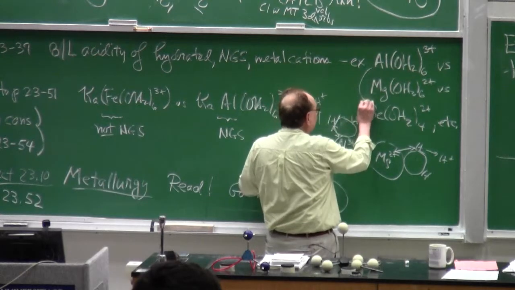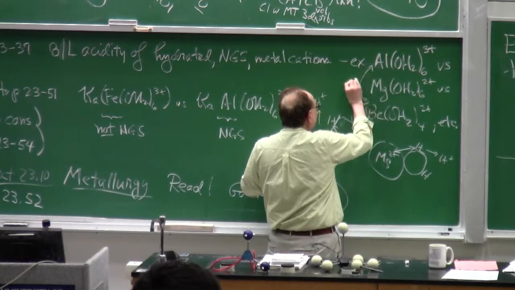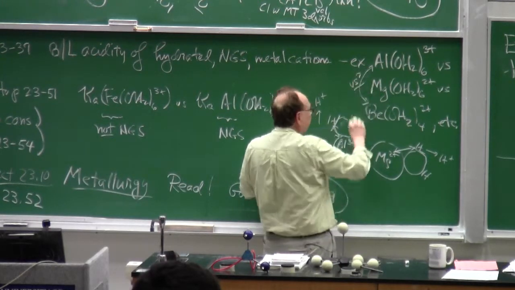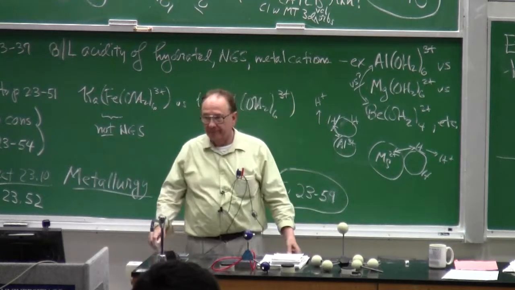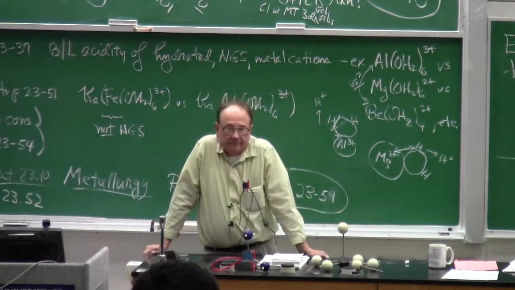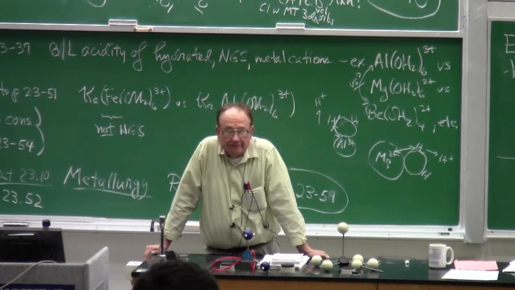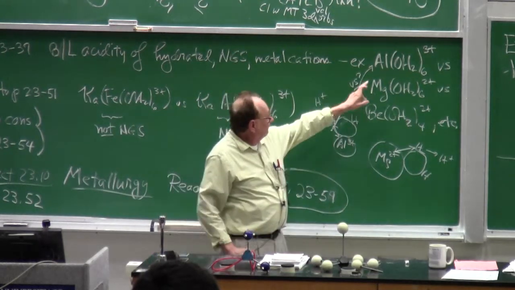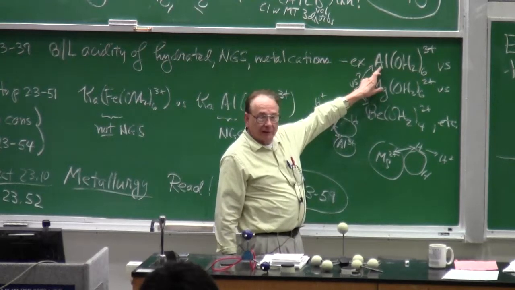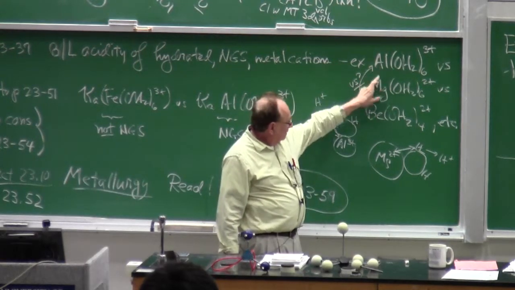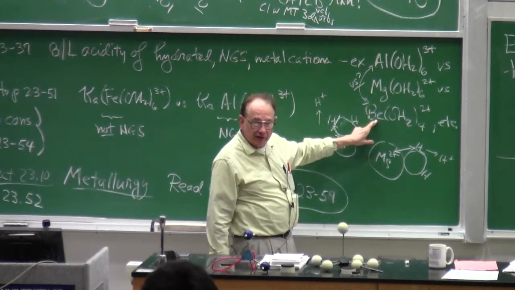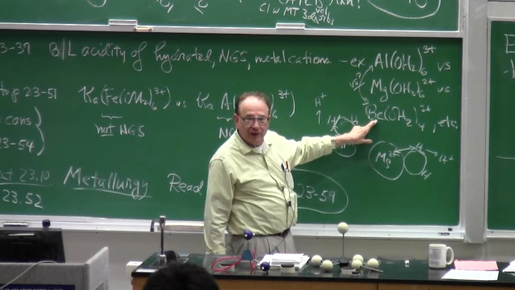How do you think these compare? Now notice you have competing factors. Here you have greater charge, but a larger ion. Here you have less charge, but a smaller ion.